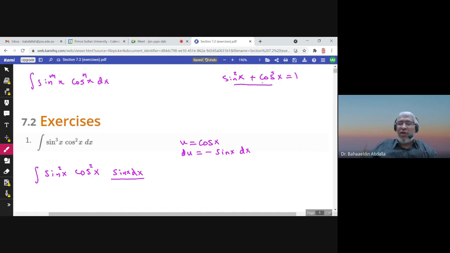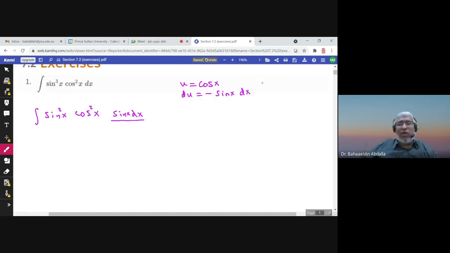So sine square from this formula is 1 minus cosine square. So I can write sine square as 1 minus cosine square, and this cosine square is there, and I have sine x, or I can write it negative sine x dx. I multiplied by negative, so I multiply by negative outside.